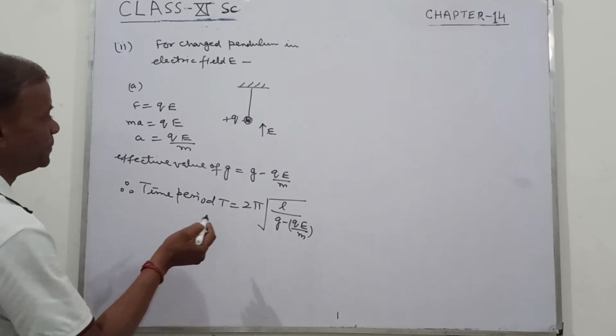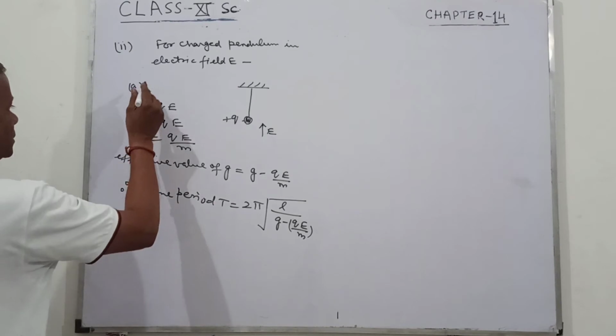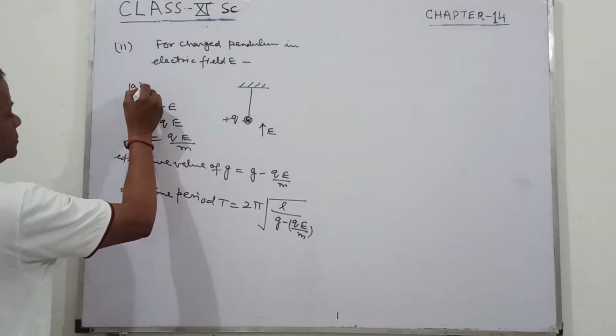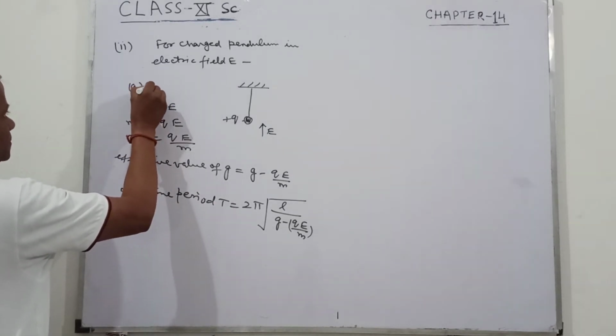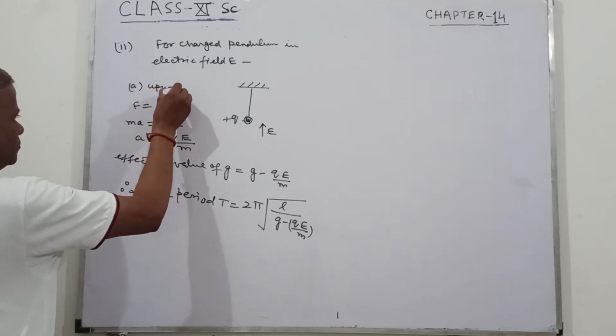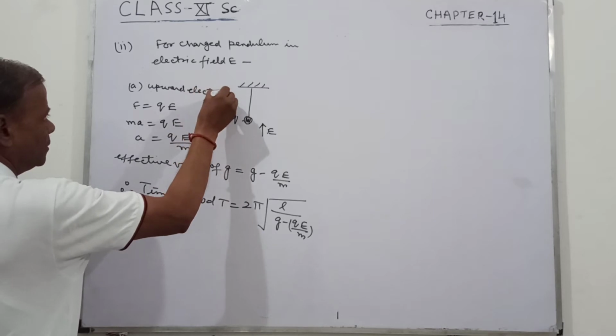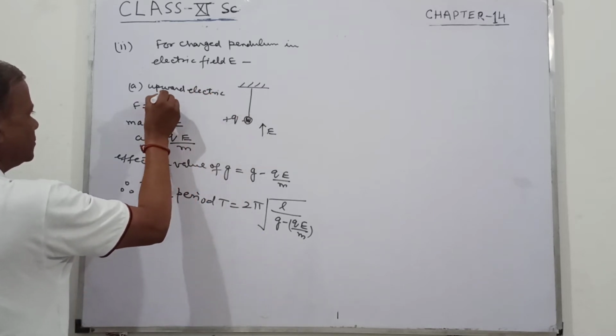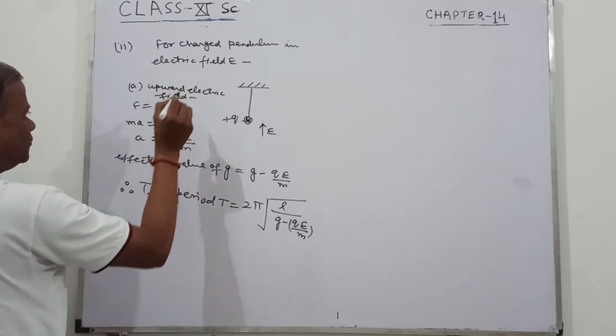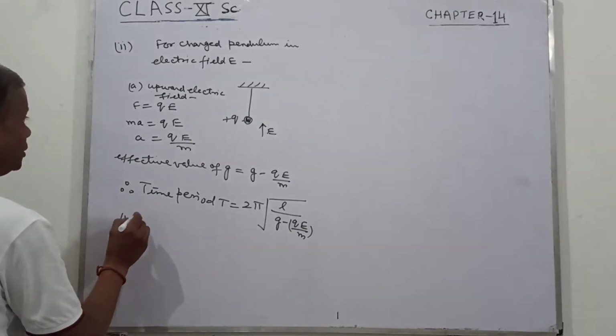And if the electric field is upward, that is A, and B for downward electric field.